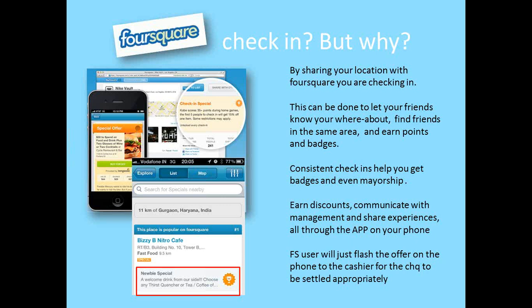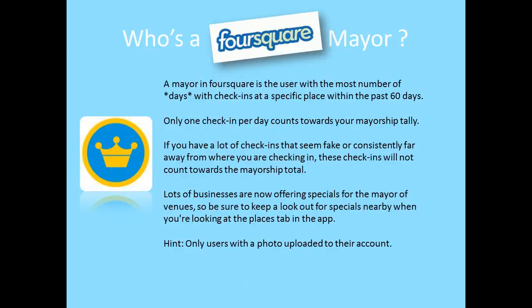Now once the check-in has happened, and imagine as a Foursquare user you were sent a special offer coupon which you now want to redeem, you will just need to mention that to the cashier at the time of settlement, and just for checking in the management may recognize you with a special discounted rate or a 2-for-1 offer, for example. And this is where claiming the venue for the management is very important.